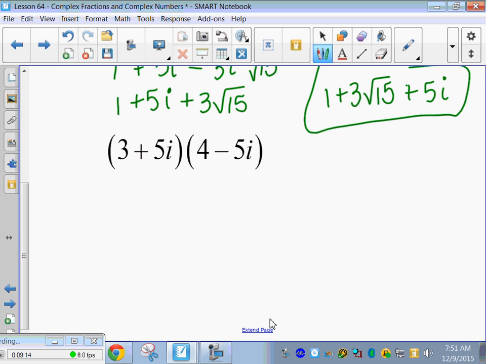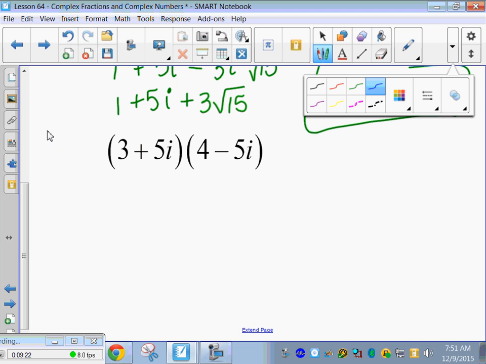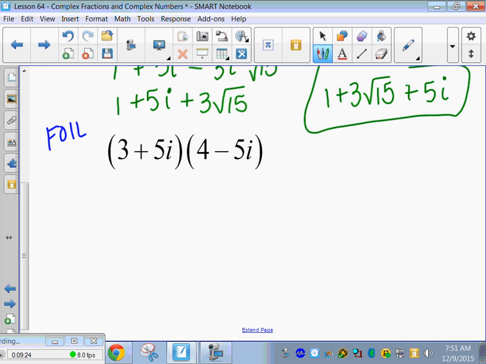All right. One more I problem that we haven't done yet. And this is pretty easy. It's just like foiling when you have an x. The only difference is that I squared turns into -1. So we're just going to FOIL it out. So Anna, what do I get when I multiply the first times the first? 12.